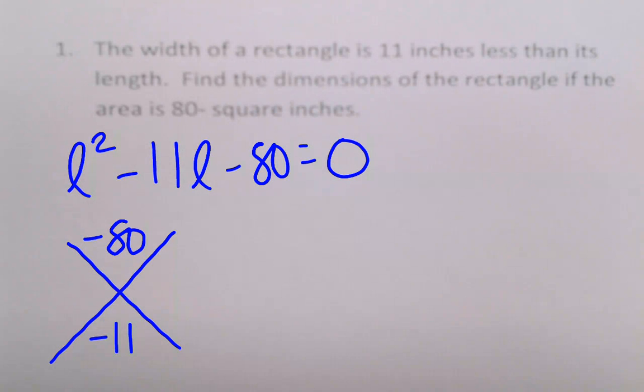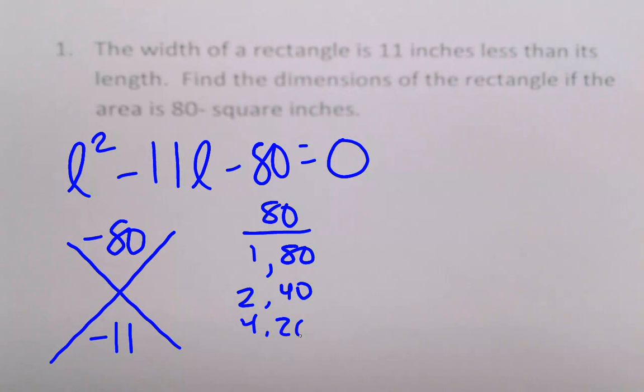Well, if something's not immediately apparent, we should be making a factor tree, or a factor chart. I have 1 and 80, 2 and 40. 3 doesn't go into 80, 4 does. 20 times. I'm still not very close because I need something that subtracts to 11. Right now I'm at 16.